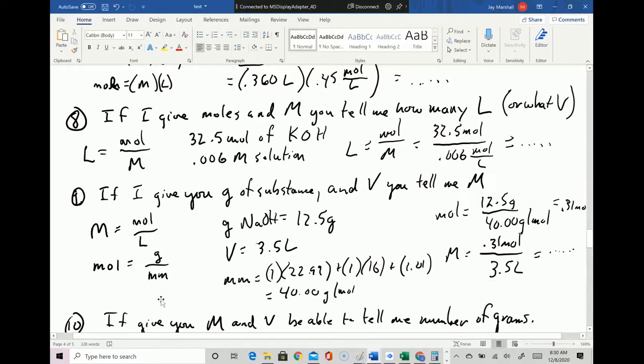So if I say you have 32.5 moles of potassium hydroxide, and it's a 0.006 molar solution, how many liters is it? Liters equals moles per molarity equals 32.5 divided by 0.006. And again, notice how the units cancel out. Moles cancels out, and that leaves me with liters. Okay?